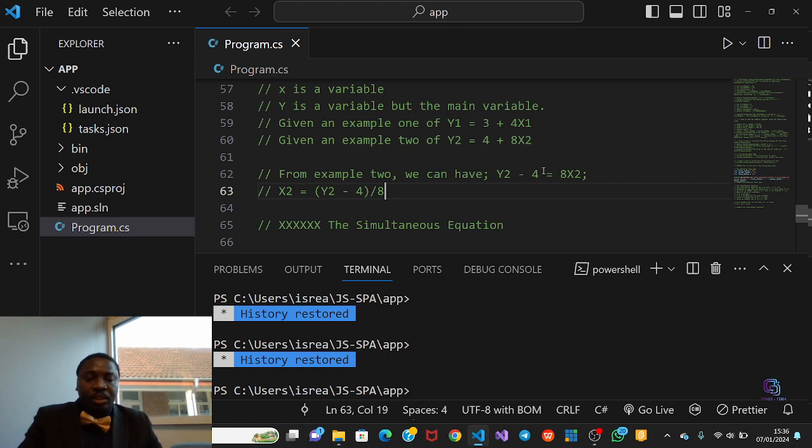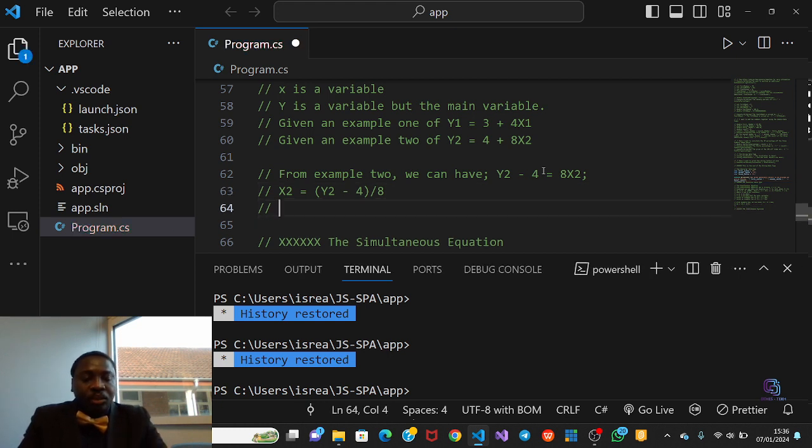So next, we can fix x2 into example 1 as follows below.